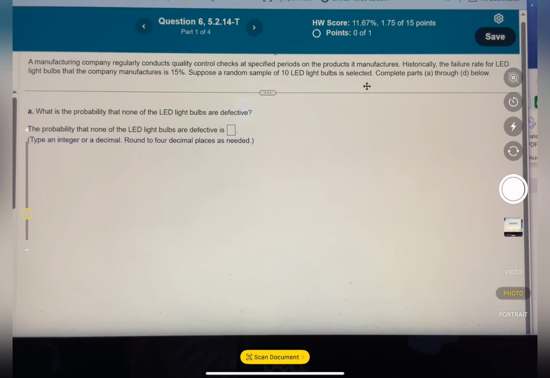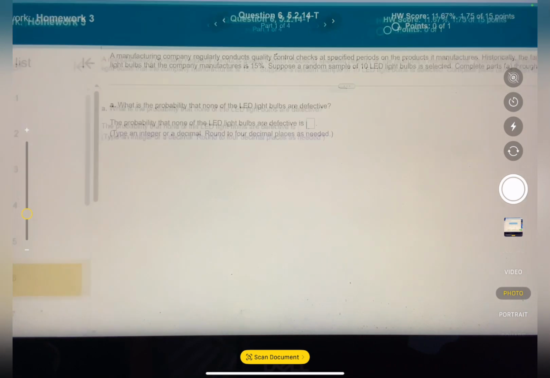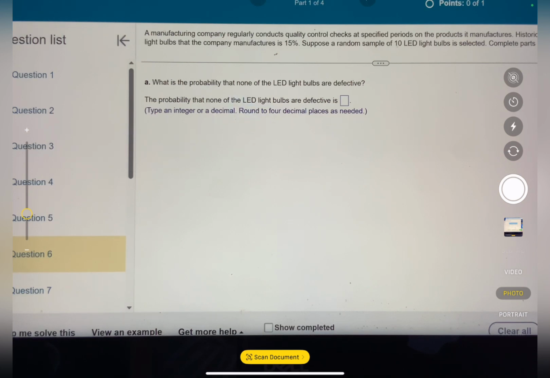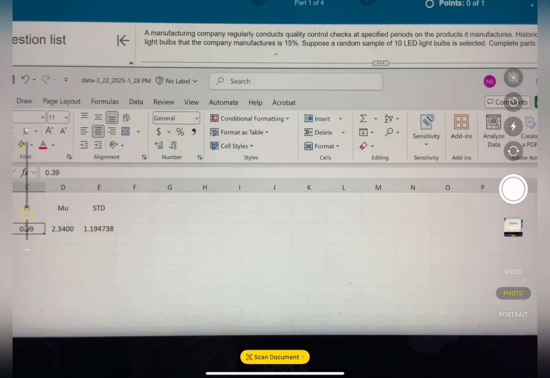Okay, so they are providing control. Historically the failure rate of LED light bulbs that the company manufactures is 15%. Suppose a random sample of 10 light bulbs is selected, so 15% is going to be our probability of success, 0.15. Let me type it here right away.